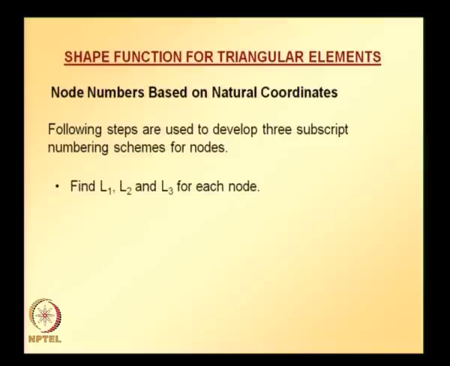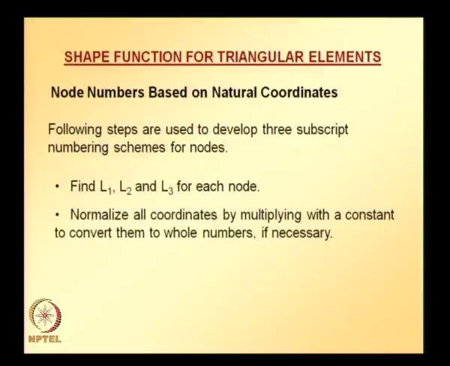First step is to find L1, L2, L3 for each node of a given triangular element. Normalize all coordinates by multiplying with a constant to convert them to whole numbers if necessary. This step of normalization is only required if necessary, and this point will become clearer when we look at an example.